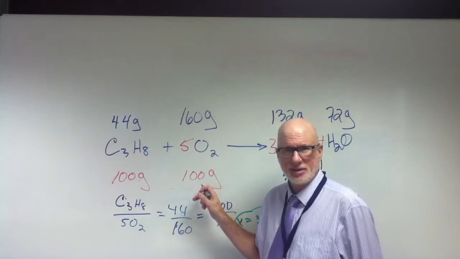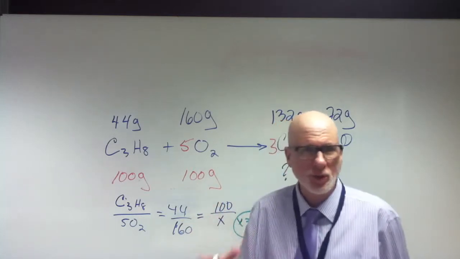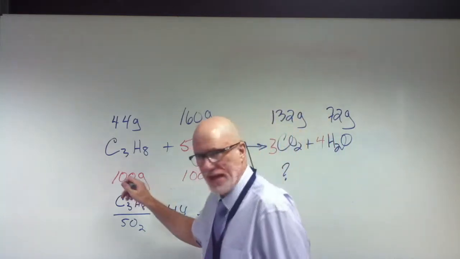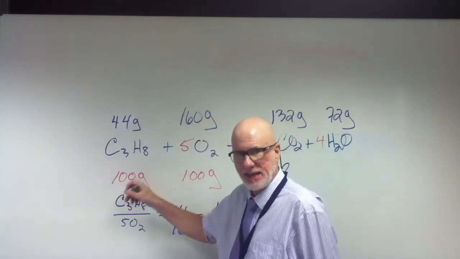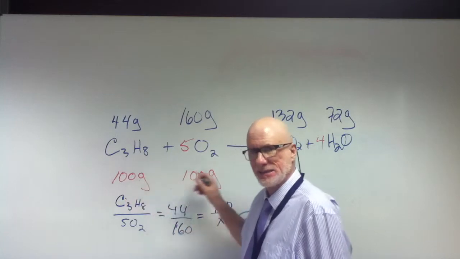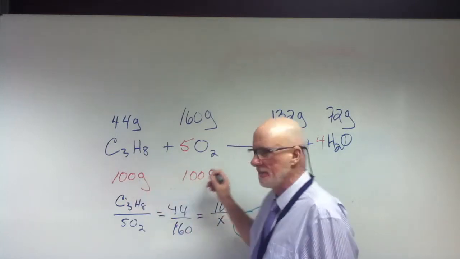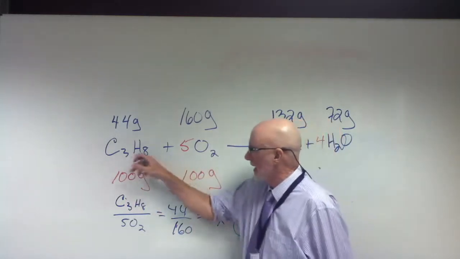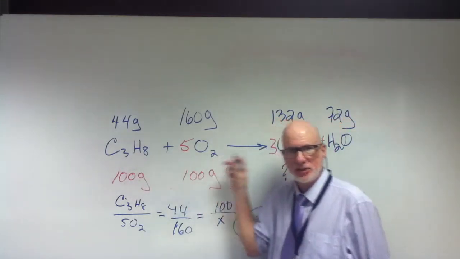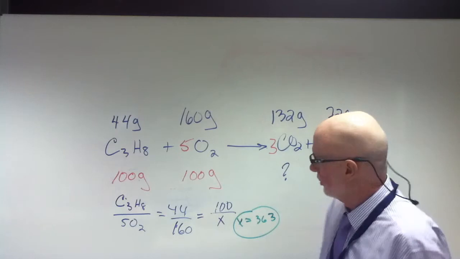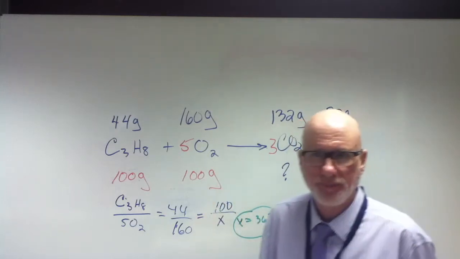Do I have 363 of this? Do I? So which reagent? Reactants, reagents, same thing. A reagent is a reactant. Reactants yield products. So which one's going to limit the reaction?